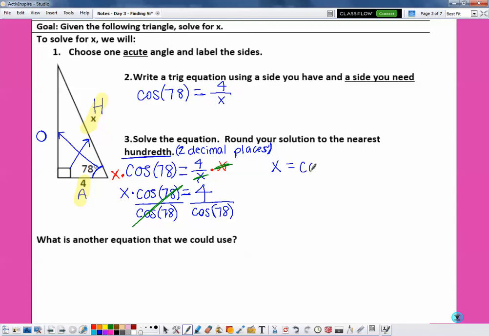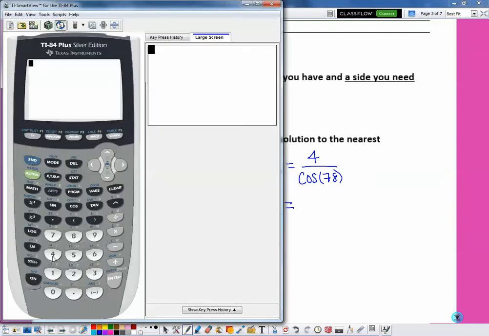So we're left with x equals 4 over cosine of 78. Now we want to know what this actually equals. So we're going to put it in our calculator. 4 divided by cosine of 78.